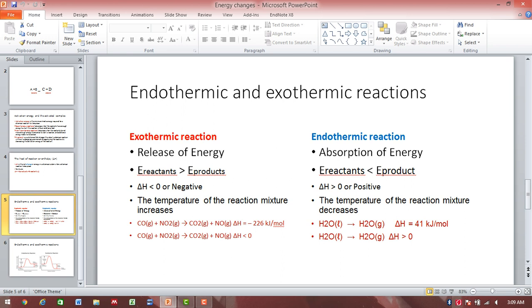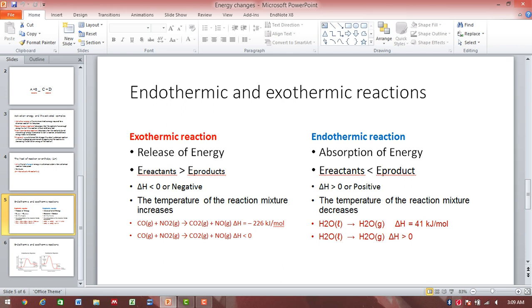Therefore that reaction, we call it the exothermic reaction. But in terms of the endothermic reaction, because the energy of the product is greater than the energy of the reactants, now we say the delta H will be positive or greater than 0.